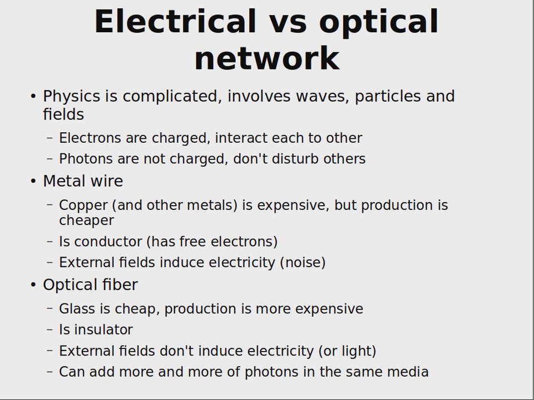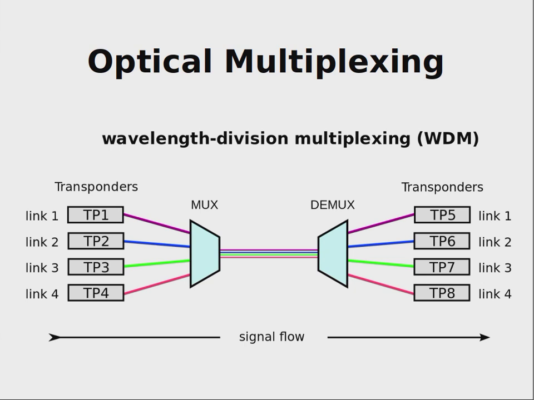For example, if we have magnetic storms on Earth, then electrical networks may be affected, but optical networks are not. And also what is good about optical networks is that it is much easier to filter out particular bandwidths to send more data through the same cable.